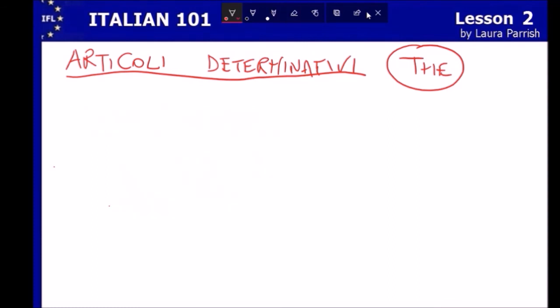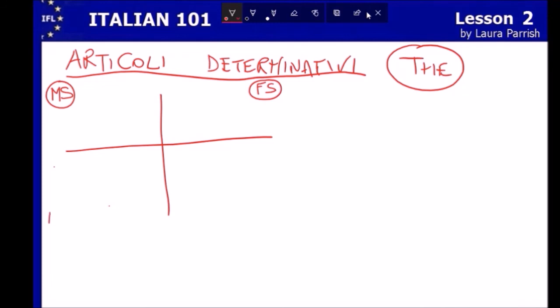Okay, so articoli. Let's start by drawing my cross that you all know at this point. Here we're gonna have masculine singular. Here we are going to have feminine singular. Here we're going to have masculine plural.